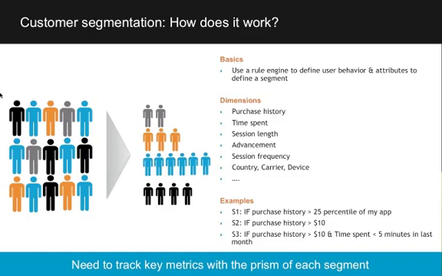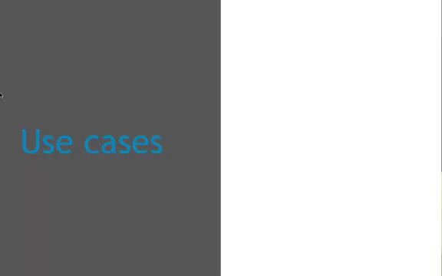So I want to understand what the engagement levels are, what the ARPU, which is the average revenue per user, is for every segment. Useful and important to understand. So with that taken care of, let's jump into some of the use cases and see how developers are actually using a lot of this science to put it to use.